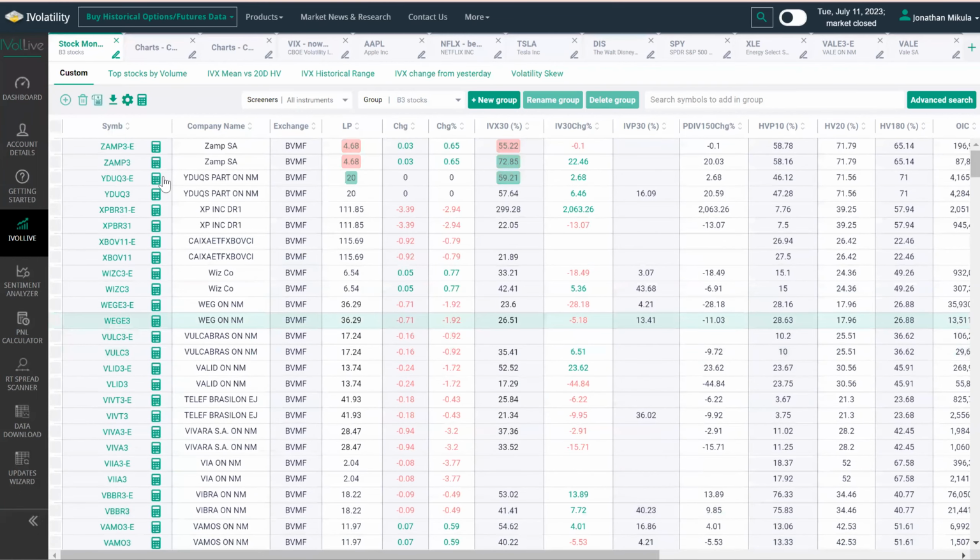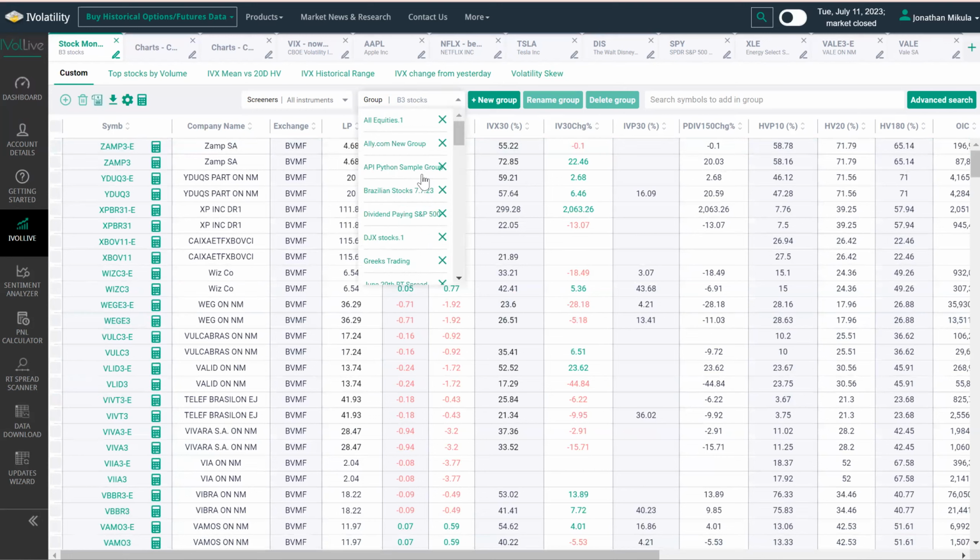And I thought they make an excellent example for today's webinar. But this is where you would go to run your different scans, not only on the Brazilian stock exchange, but you could see we have all of these different defaults, and I know that question came up, well, what scans or what groups can I run scans against? Well, we have all ETFs, all US indices.